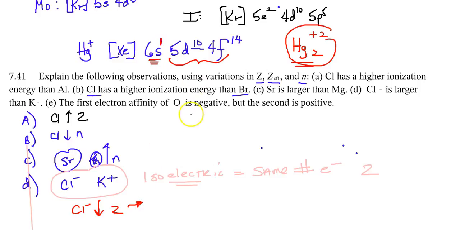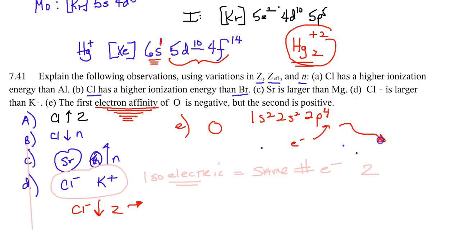All right, so E is the last one. The first electron affinity is the energy change when we give an atom or an ion an electron. So oxygen, as we know, is 1s2, 2s2, 2p4. And if you give it an electron, energy is released because it has a great ability to absorb electrons.